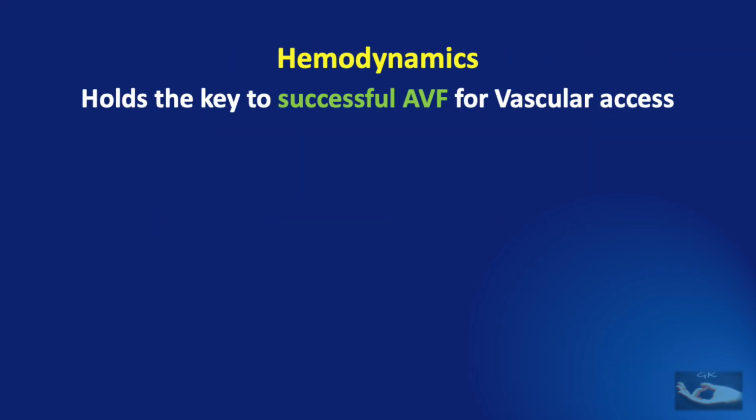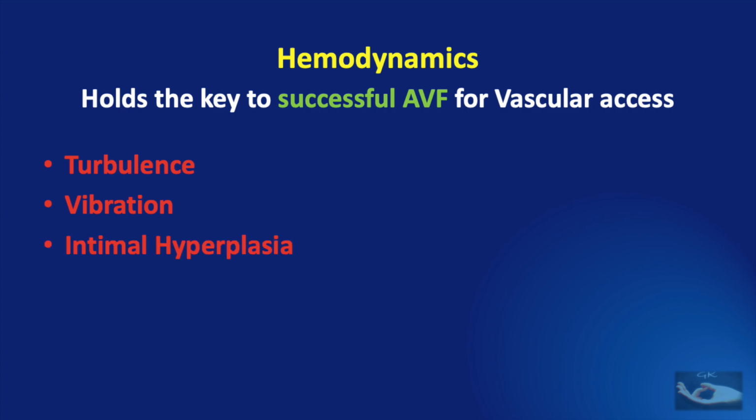So what we have seen in this video is that hemodynamics holds the key to successful AV fistula for vascular access in chronic kidney disease patients who need hemodialysis. We need to take steps to minimize the amount of turbulence and vibration injury following our fistula, hence reducing the amount of intimal hyperplasia, which may ultimately lead to failure of the fistula.